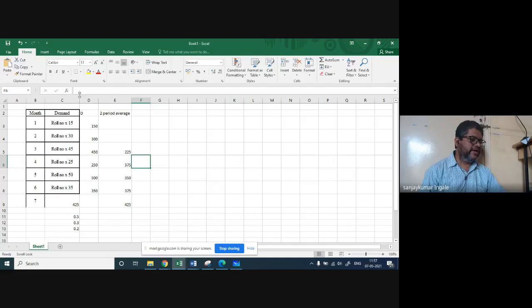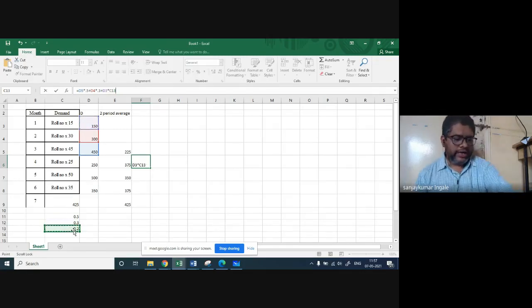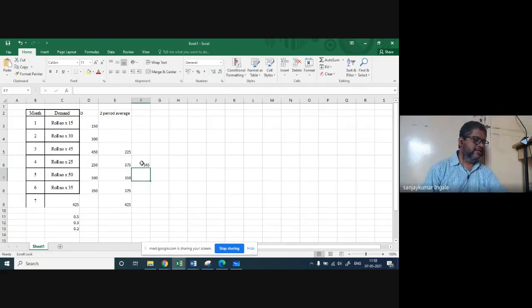If I want to estimate the demand for this, it will be equal to the immediate past multiplied by 0.5, plus the 2 periods before multiplied by 0.3, plus the 3 periods before multiplied by its weight, which was 0.2. And if you calculate, you will get this demand as 345.